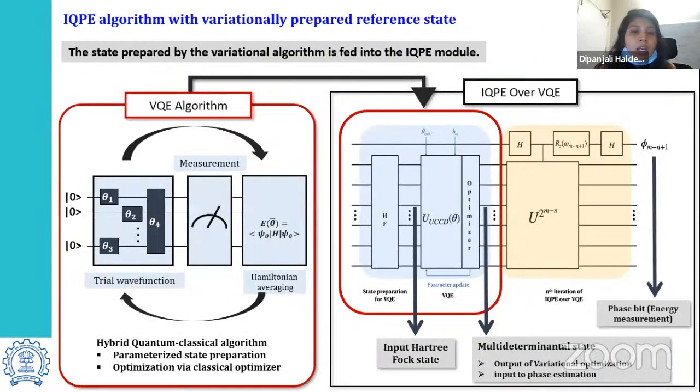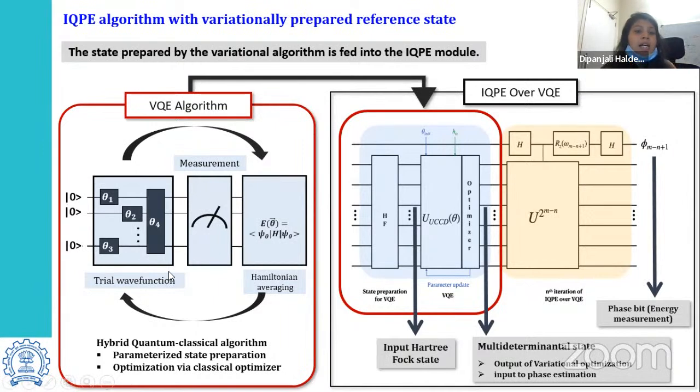So now we have come up with an algorithm using the already known variational quantum eigensolver algorithm to maximize the success probability of our initial state. Before going into the details, let me just talk a little bit about the variational quantum eigensolver algorithm.